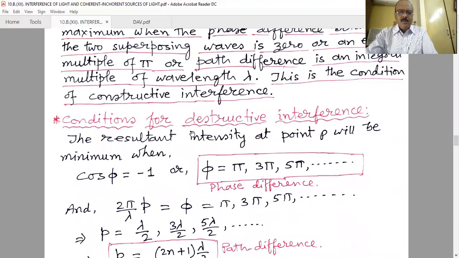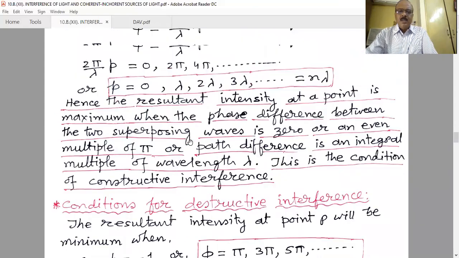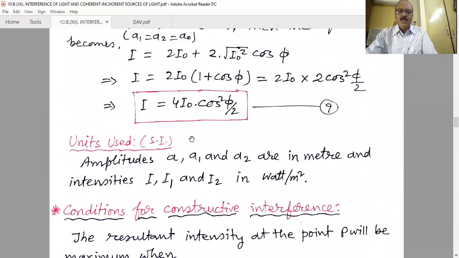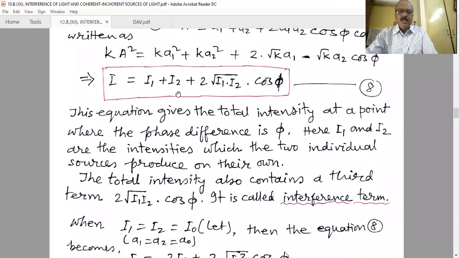For the destructive interference, what are the different conditions? Again, the resultant intensity depends upon this term, specifically the cos of phi, and the minimum value of cos of phi is -1. At that time, what will be the I?